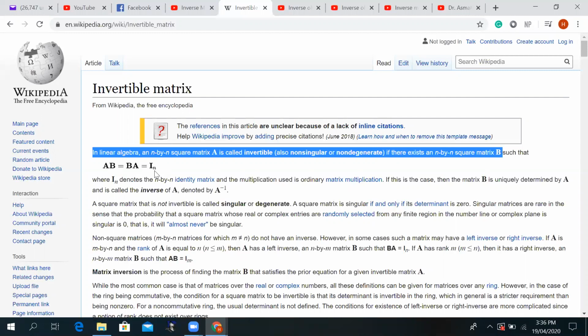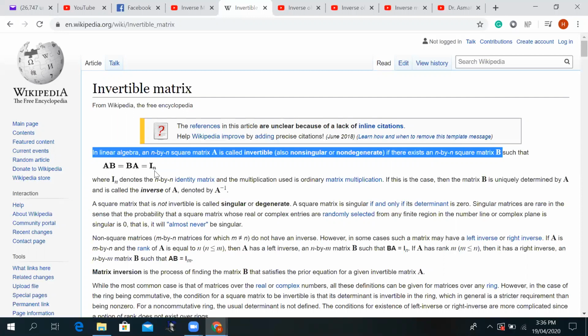So you have two square matrices, A and B, and if you multiply them and you end up with an identity matrix, then basically that means that these two matrices are inverses of each other. So one of them is A inverse and the other is A. And which one is A inverse and which one is A is entirely up to you, because here the order doesn't matter.